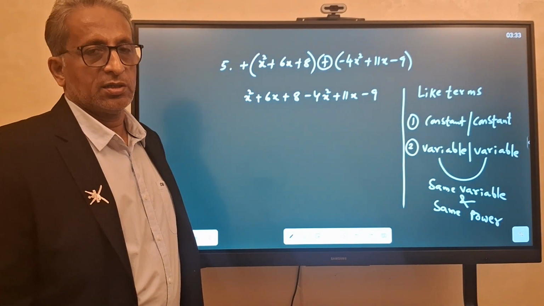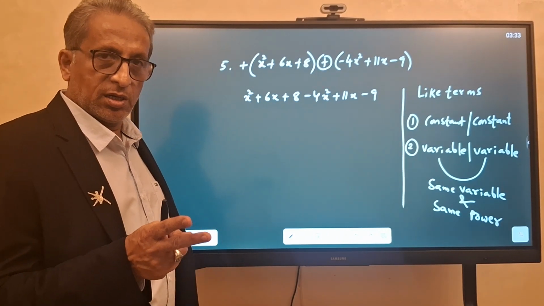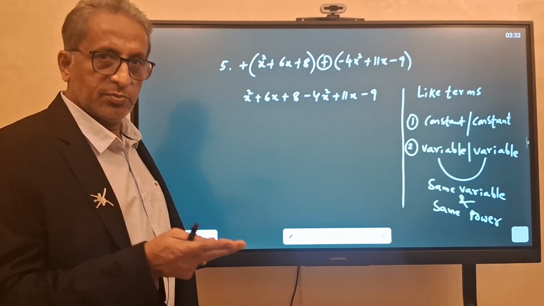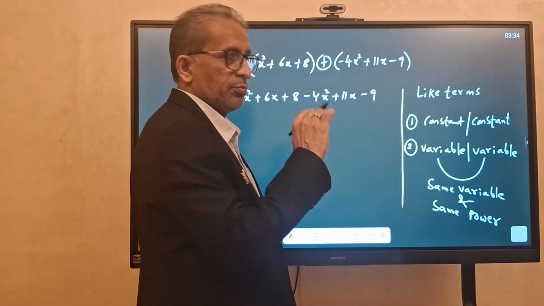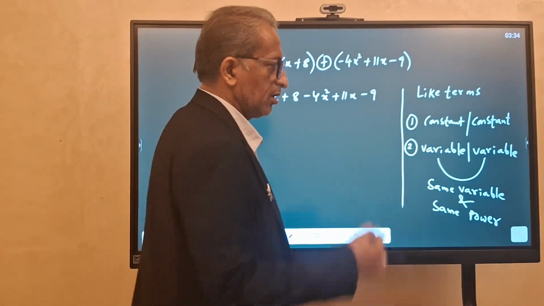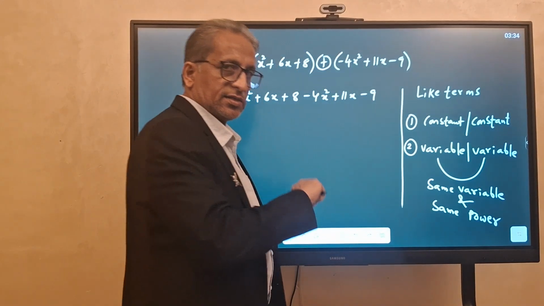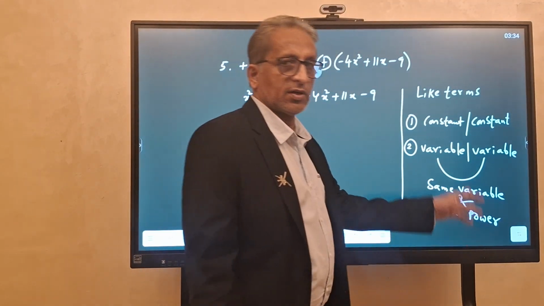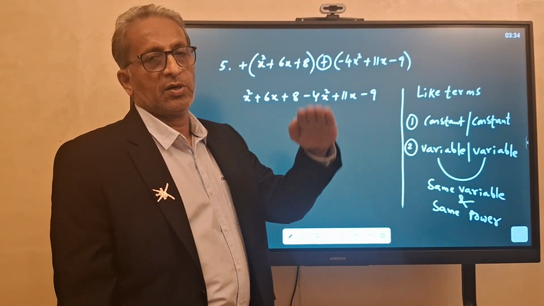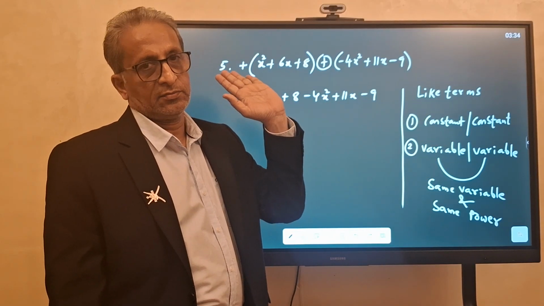Any two numbers are like terms. Any two variables, are they like terms? No. They become like terms when you have the same variable, that is x, same, and then same power of the variable, that is if the power of x is 1, the other power should also be 1.